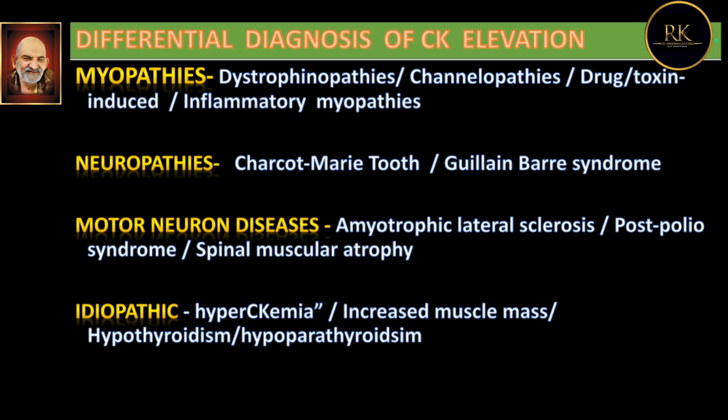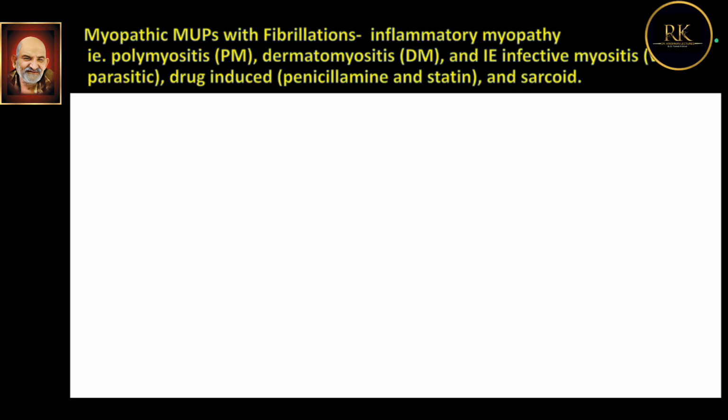EMG study, electromyography, and there can be different patterns. If in EMG, myopathic motor unit potential is associated with fibrillations, the causes include inflammatory myopathies like polymyositis, dermatomyositis, infectious causes of myositis like viral and parasitic, drug induced like penicillamine and statins, and sarcoid.